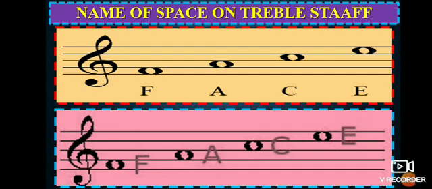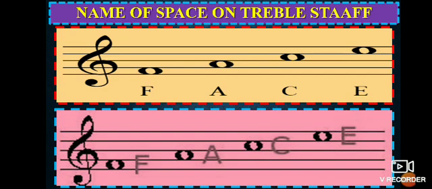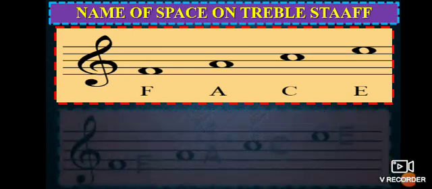If you remember face, the first letter of face is F, followed by A, followed by C, followed by E. So the first space of the treble staff is F, second space A, third space C, and fourth space is E.